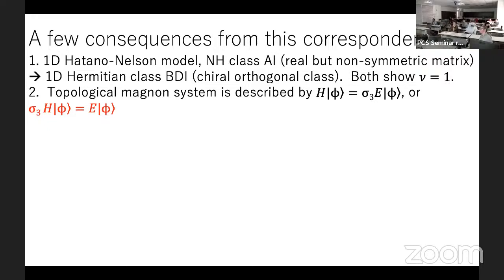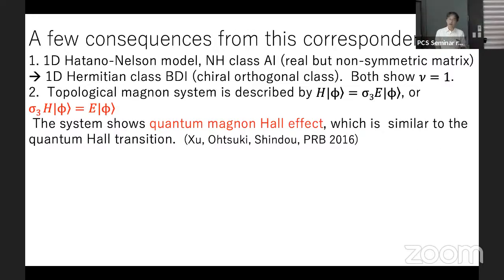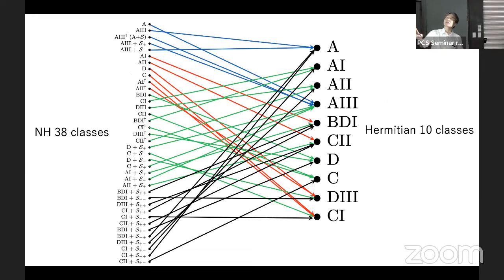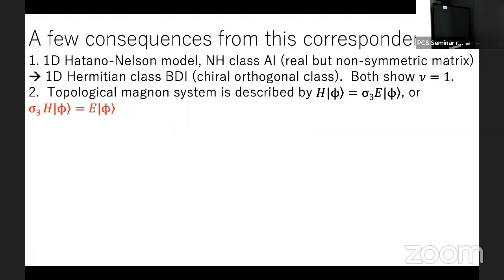So in the first case, each non-Hermitian mode corresponds to the topological zero mode in class BD1. And that topological transition shows nu equals 1, which is equal to Hatano-Nelson. And this is because Hatano-Nelson is mapped to BD1, the topological chiral orthogonal class.